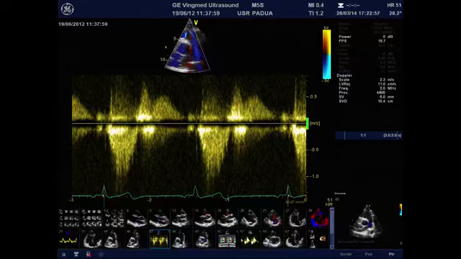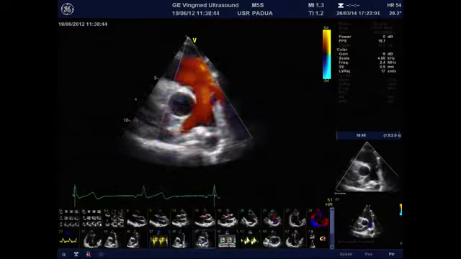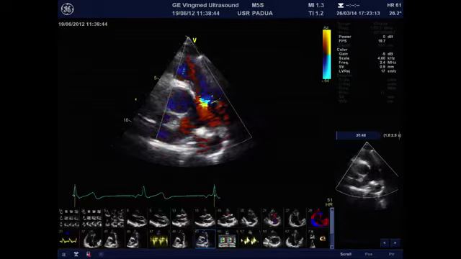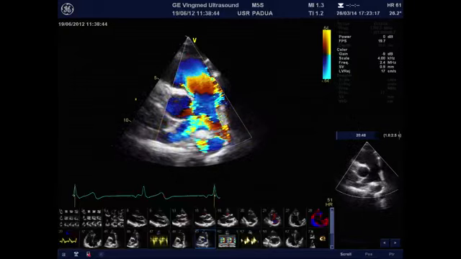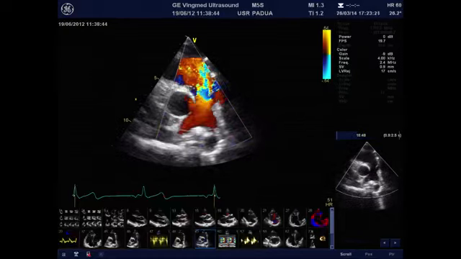Then there are several other parameters that one can use for confirming the severity of the pulmonary regurgitation from color Doppler imaging. Another one is the ratio between the vena contracta and the right ventricular outflow tract measured exactly at the level of the pulmonary valve.